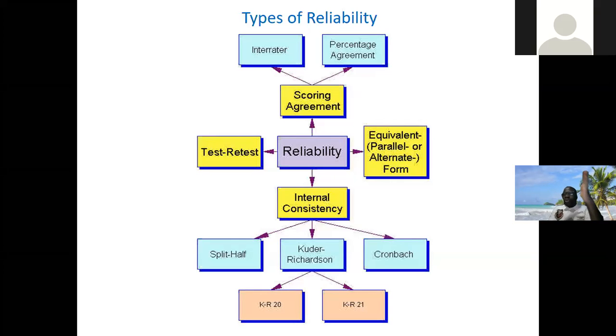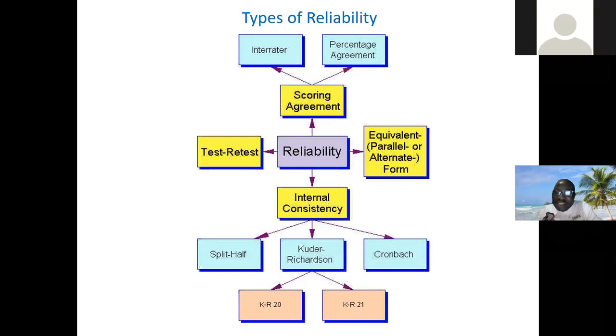You can have the two RDTs and apply them to the same set of people, you collect blood, you do microscopy, you use RDT with histidine protein, you use RDT with lactate dehydrogenase. You want to see the two of them, are they measuring the same thing? That is parallel form.